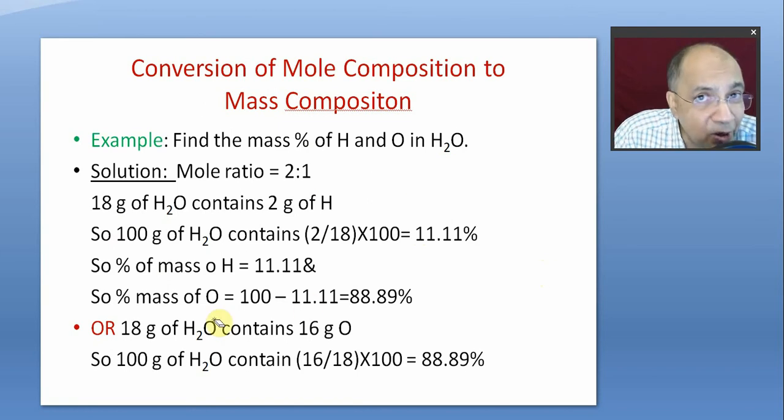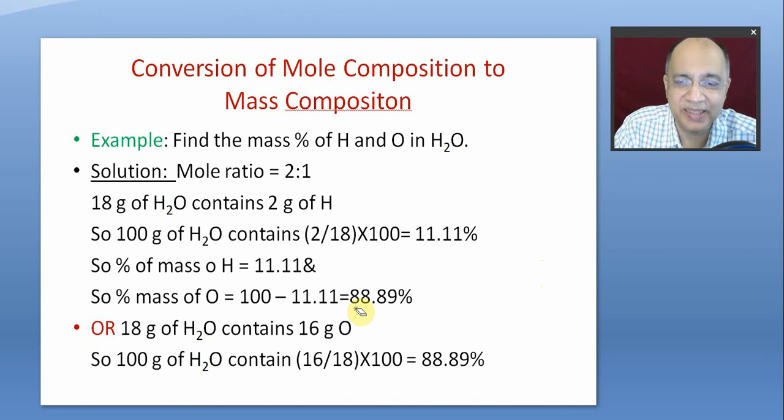So what is the mass percent of oxygen? It is 100 minus that, 88.89. But you can also calculate it in the same way you did for hydrogen. If 18 grams contains 16 grams of oxygen, then 100 grams will contain how much? The answer will be the same, but it might be different after the first or second decimal place, because you have rounded somewhere and not taken many digits after the decimal point.